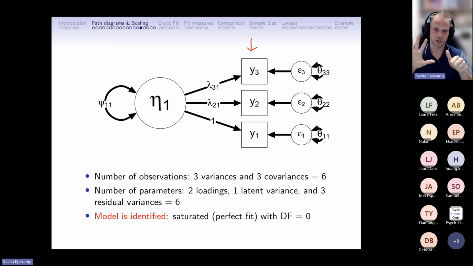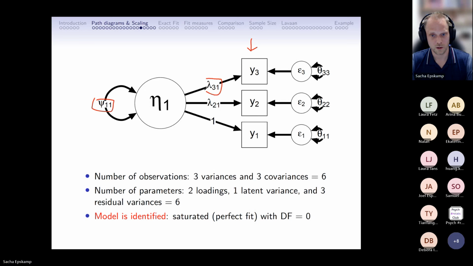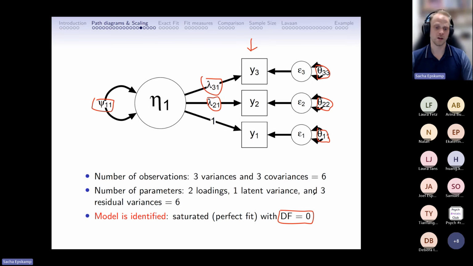So 6 pieces of information. How many parameters do we have? 1, 2, 3, 4, 5, 6. Degrees of freedom equals 0. Is that bad? No, that is good. It means that the model is identified and we can actually estimate these parameters.